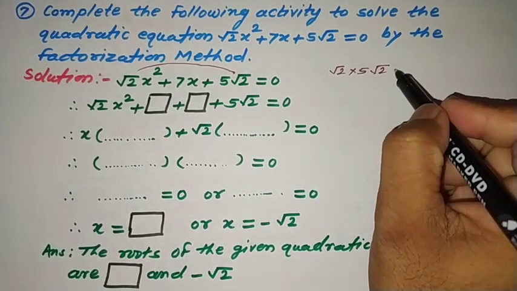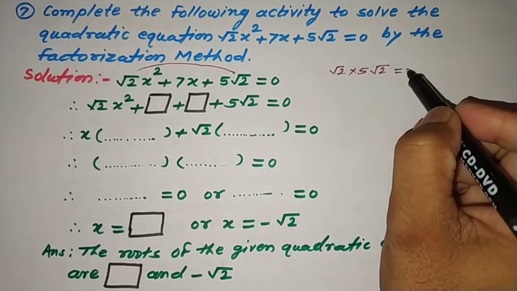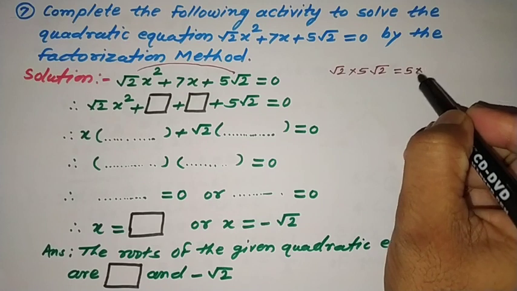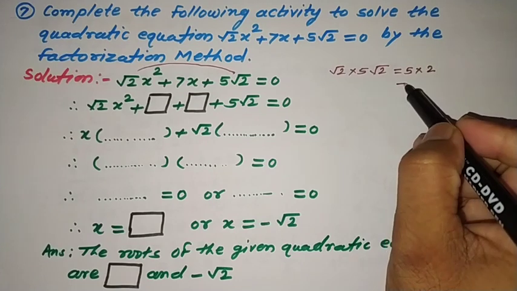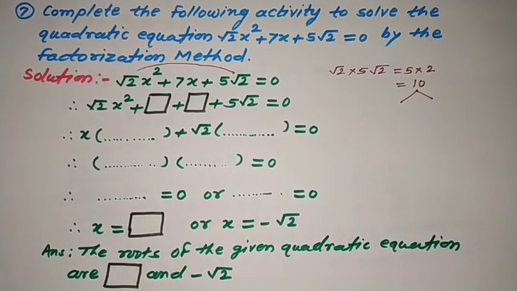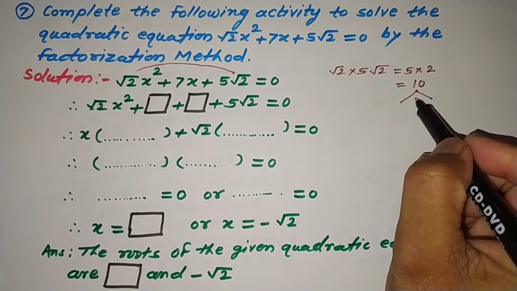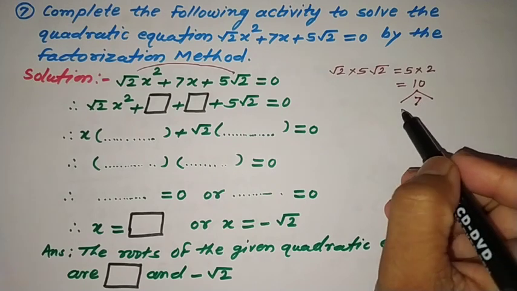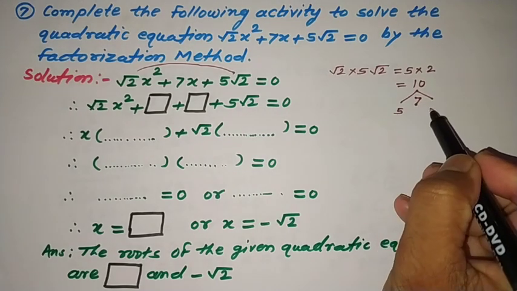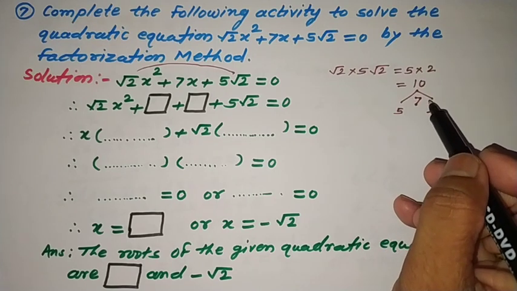Root 2 times root 2 is 2, so write 5 into 2. The multiplication is 10. Find two factors of 10 whose multiplication is 10 and whose sum is 7. The factors are 5 and 2.